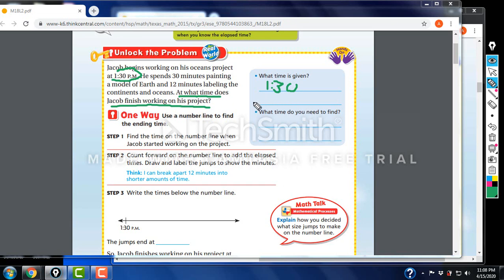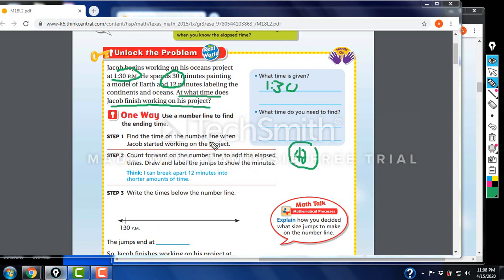Okay. And we know he spent how many working on the project? So if we add those two together, he spent 42 minutes working on the project. We know that because of this. So if we start, we know we're going to have to add 42 minutes to the starting time. Okay? So we know because we know when he began.